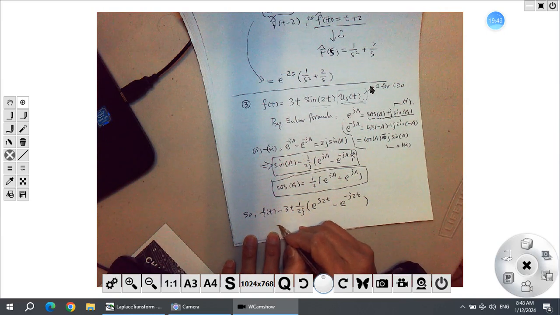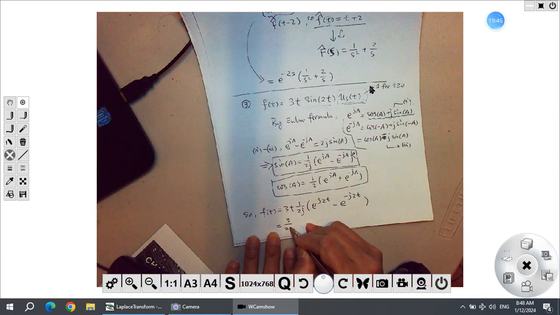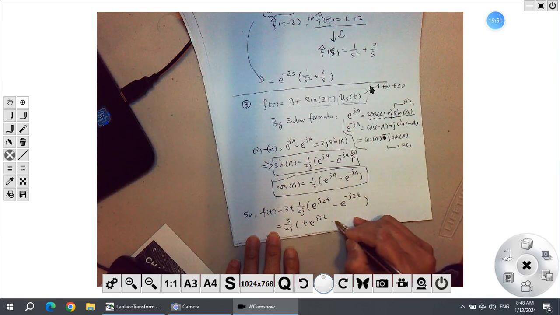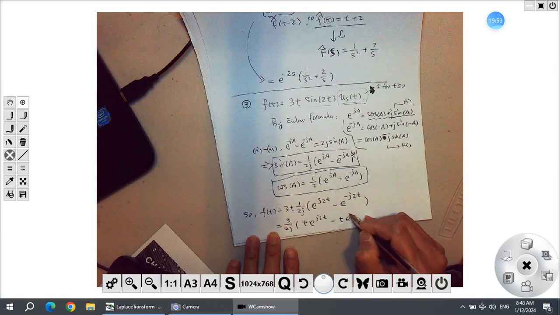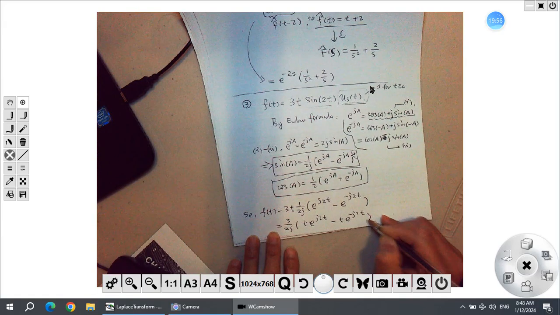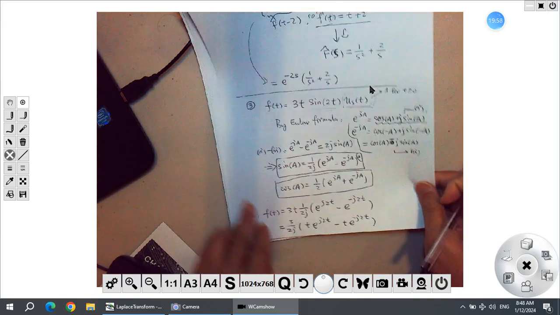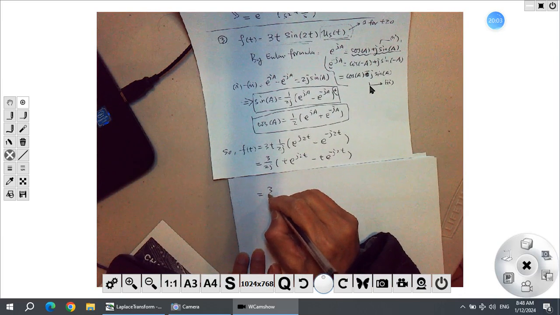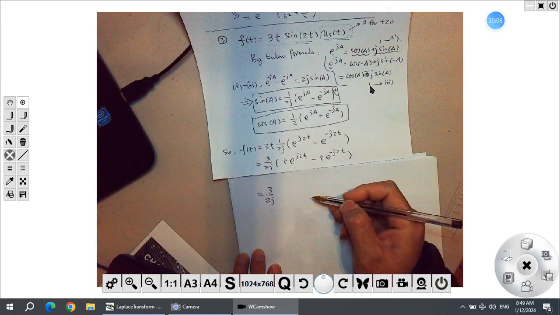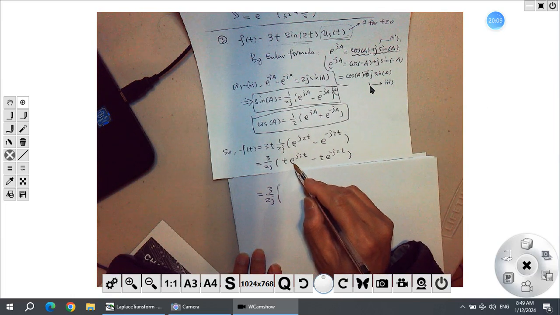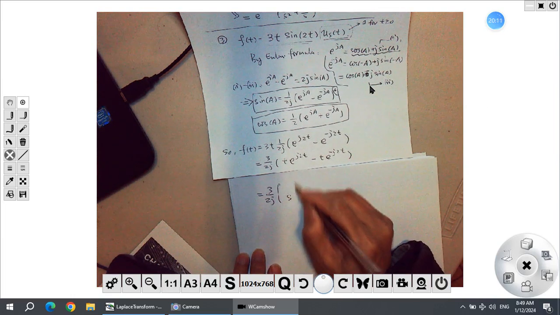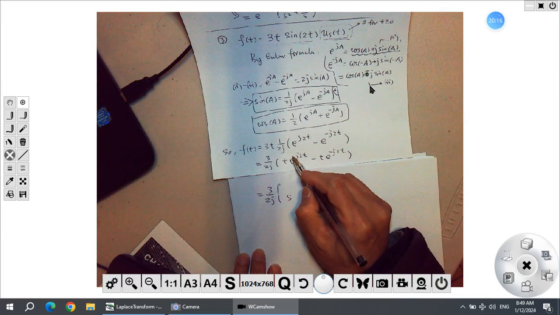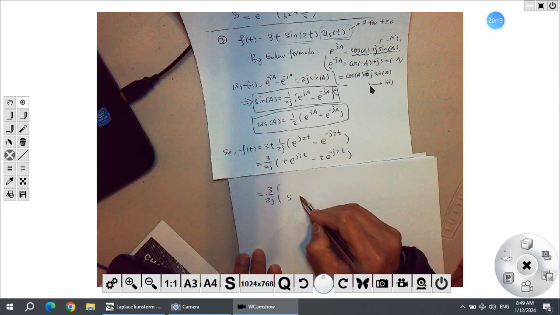So this is 3 over 2j times t e to the j2t minus t e to the negative j2t. Now we can use the table: 3 over 2j, the constant, I just keep it, and t times an exponential power will be like this. If here is a negative at, here is a plus a. You can check the table.